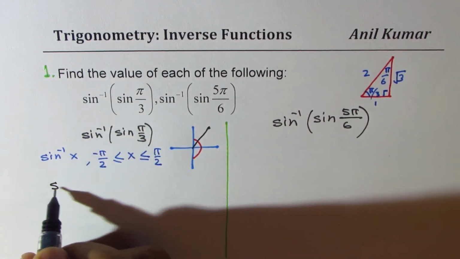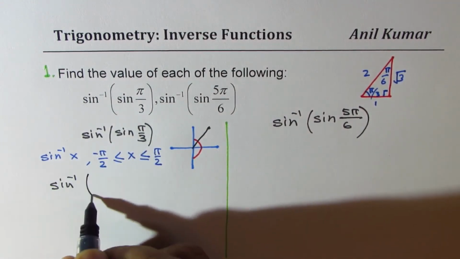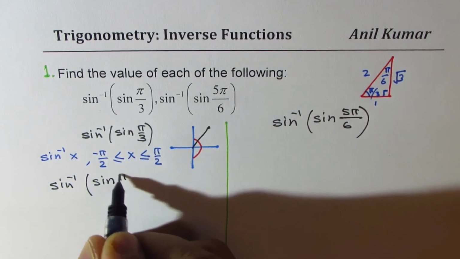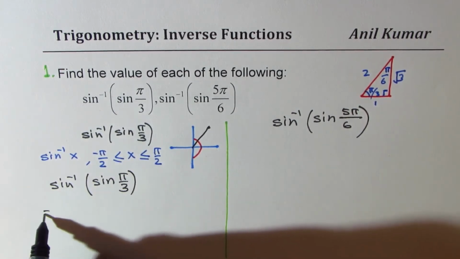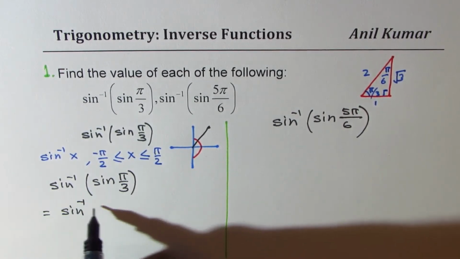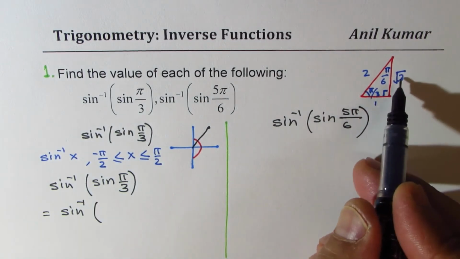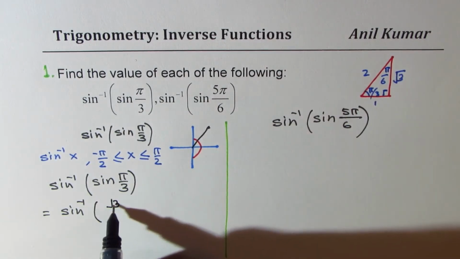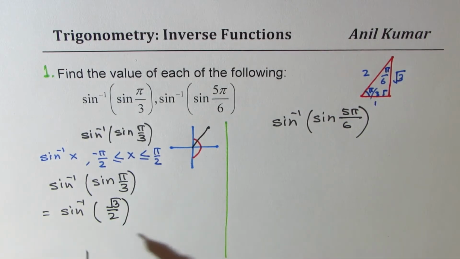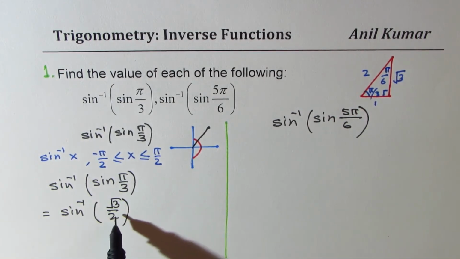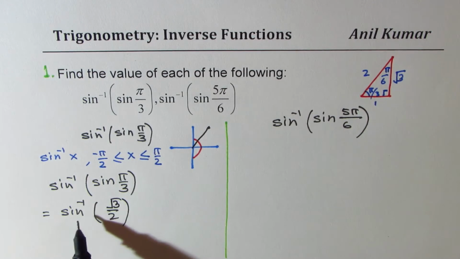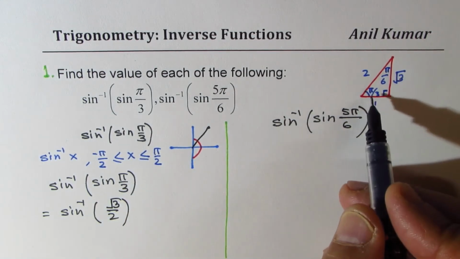So we could write sine inverse of sine pi by 3 as sine inverse of square root 3 over 2, right? And what value will give us sine equal to square root 3 over 2? It is pi by 3.